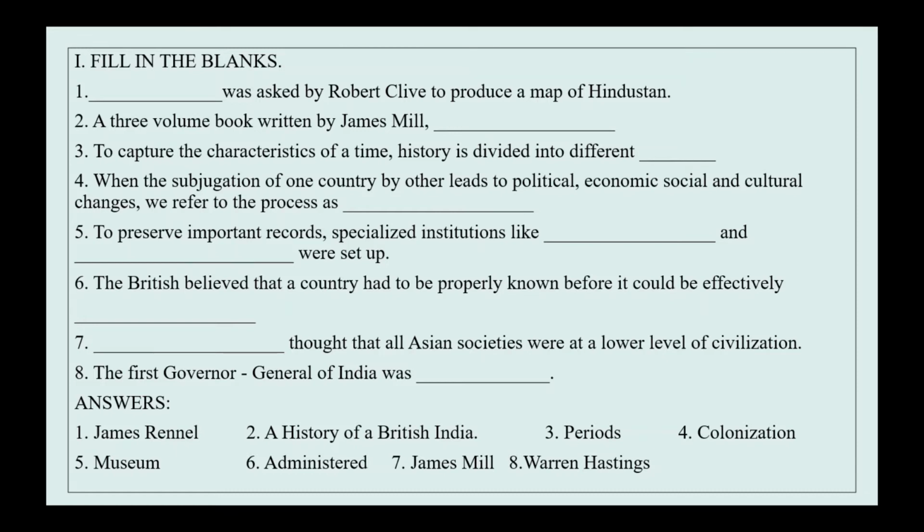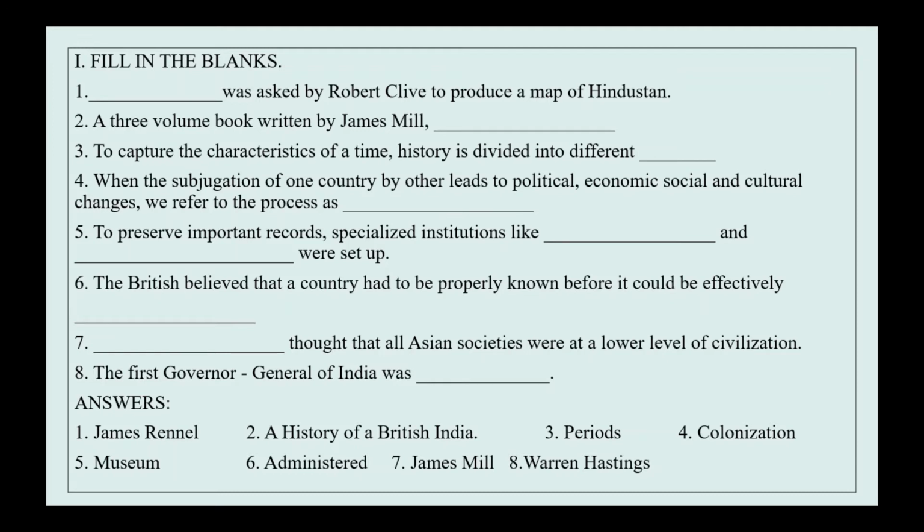Next one. To capture the characteristics of a time, history is divided into different periods. For example, ancient, medieval, modern. Right? So, to capture the characteristics of a time, history is divided into different periods. Fourth one. When the subjugation of one country by other leads to political, economic, social and cultural changes, we refer to the process as colonization.